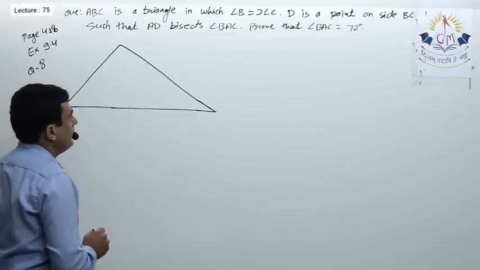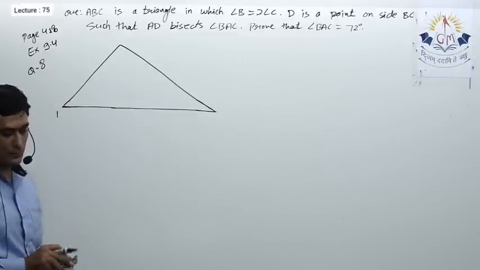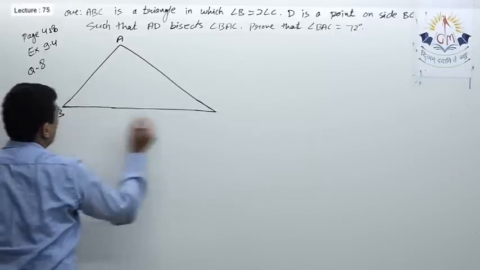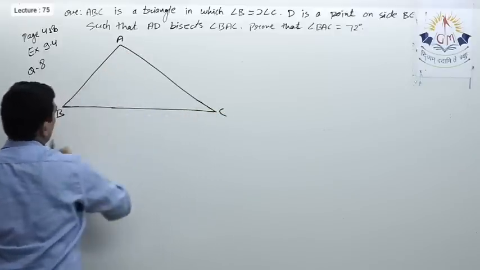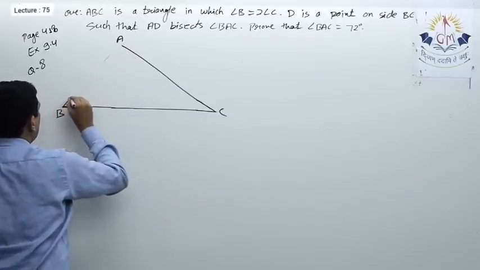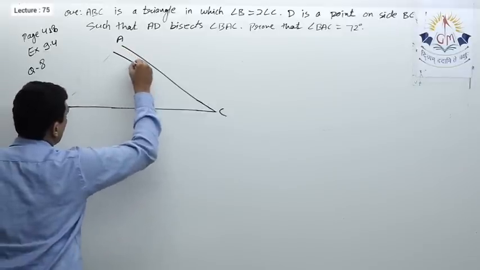Also it is given D is a point on side BC. See this A, B, C. Now B is twice of angle C. However, it does not look like double of that. So let me try to make it at least near to double, not exactly double.